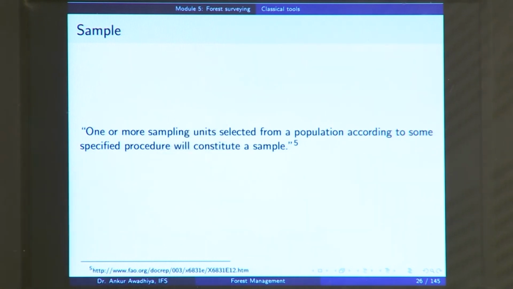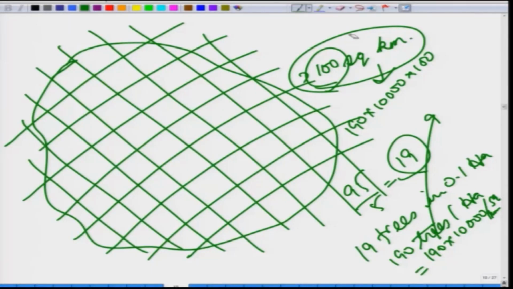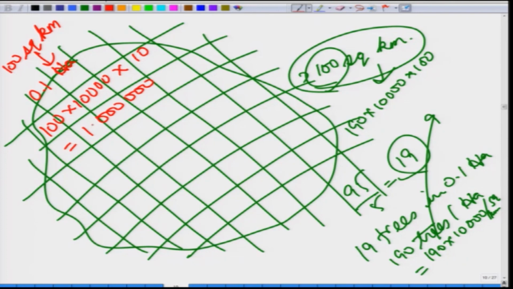So, in this case we had this area of 100 square kilometers, and we divided it into units of 0.1 hectare. So, in 100 square kilometers we had 100 into 10,000 into 10, which is equal to 10 million units. So, we have these 10 million small fragments into which we divided the whole of the population.